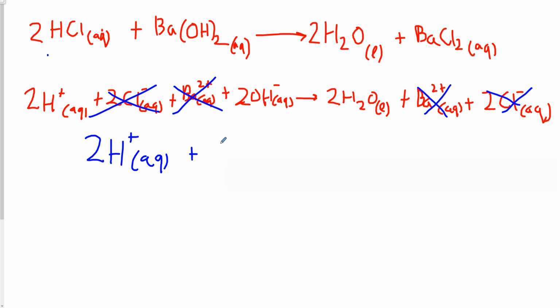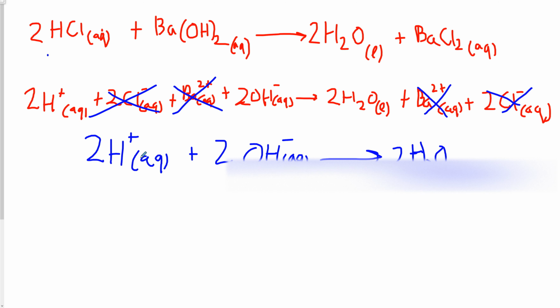So 2H pluses, 2 OH minuses, giving us 2 very badly drawn, there we go, water molecules.